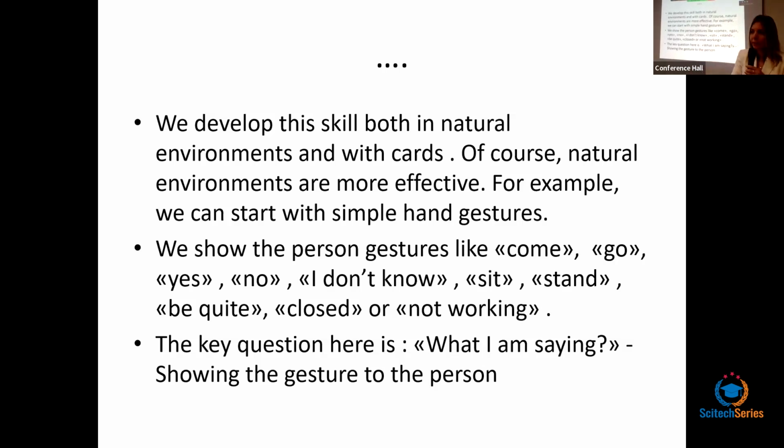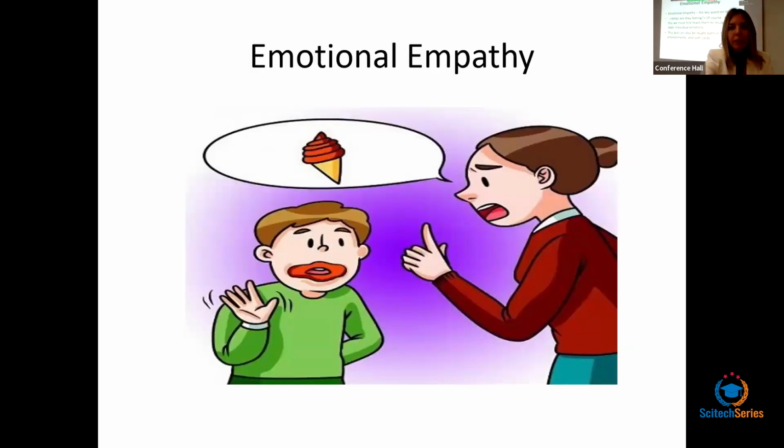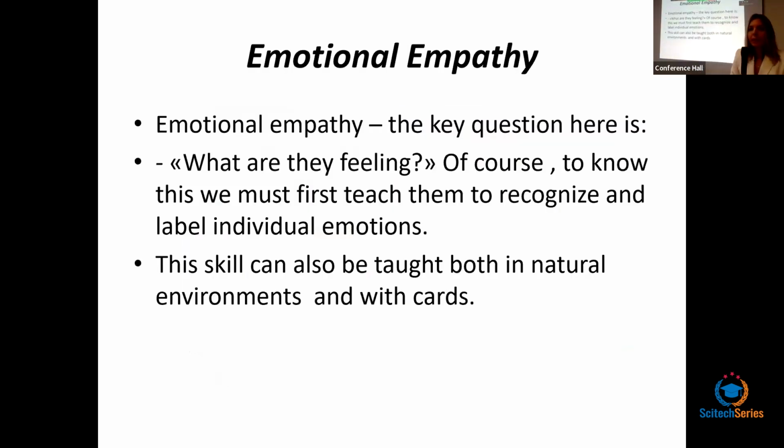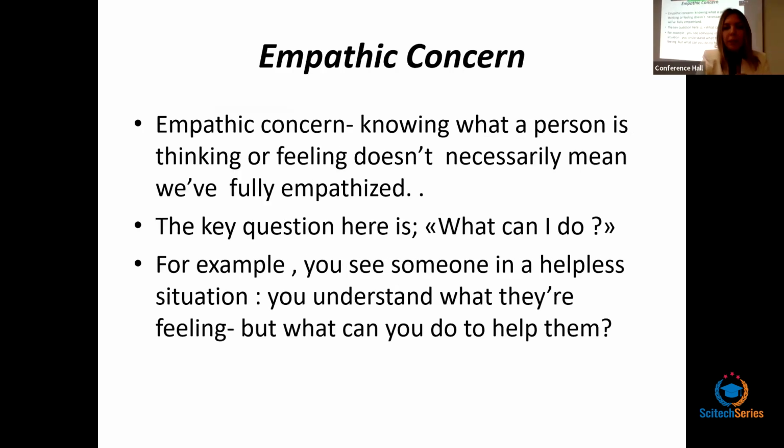Then showing these hand movements. Emotional empathy, the key question here is, what are they feeling? Of course, to know this, we must first teach them to recognize and label individual emotions. This skill can also be taught both in natural environments and with cards.